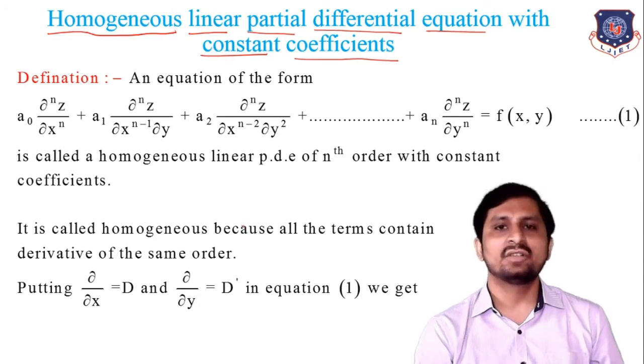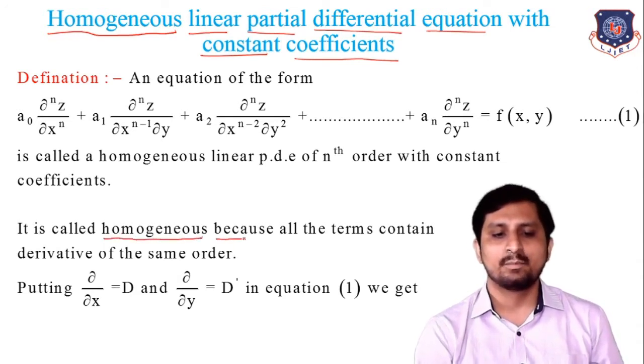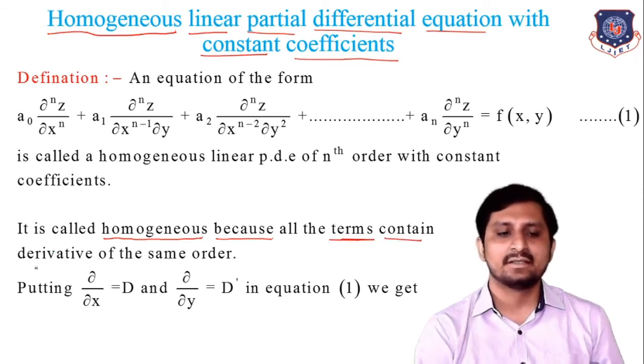Now what is the meaning of homogeneous? Homogeneous means all the terms contain derivative of the same order, because all the terms contain derivative of the same order.